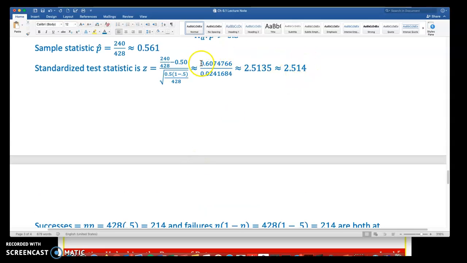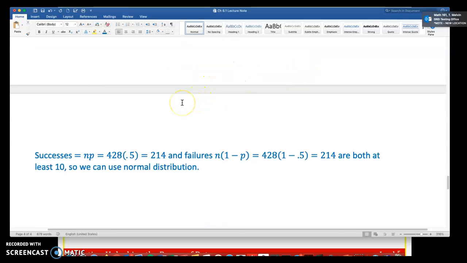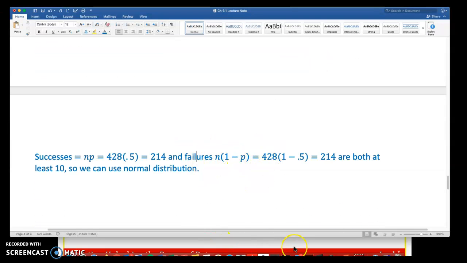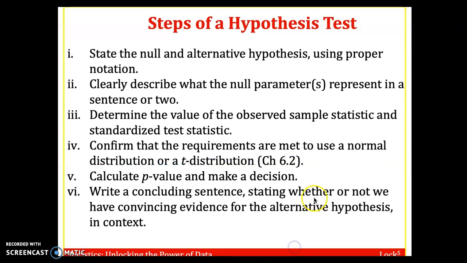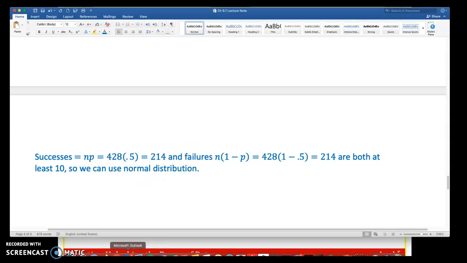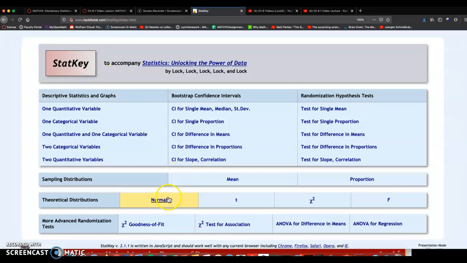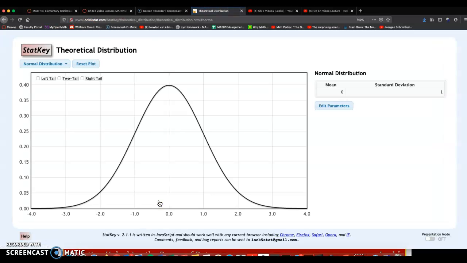All right, so I've got my observed statistic, sample statistic, standardized test statistic. We could use the normal distribution because we have a big enough sample size with the proportion. Now I want to calculate p-value and make a decision. So to calculate p-value, I'm going to go to stat key. Again, we're going to click the normal distribution.